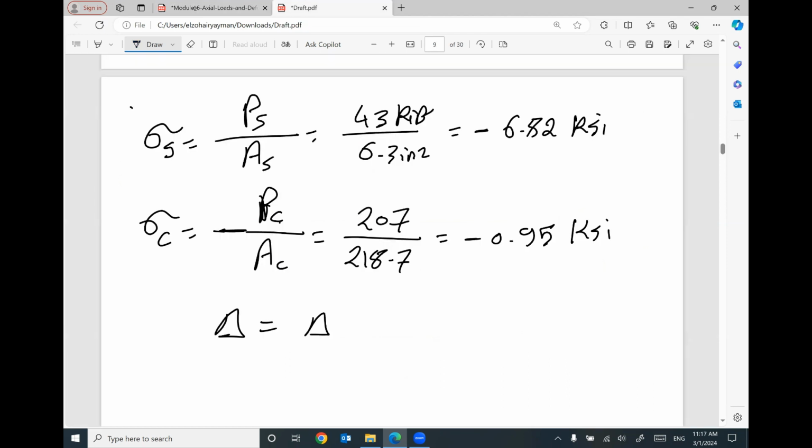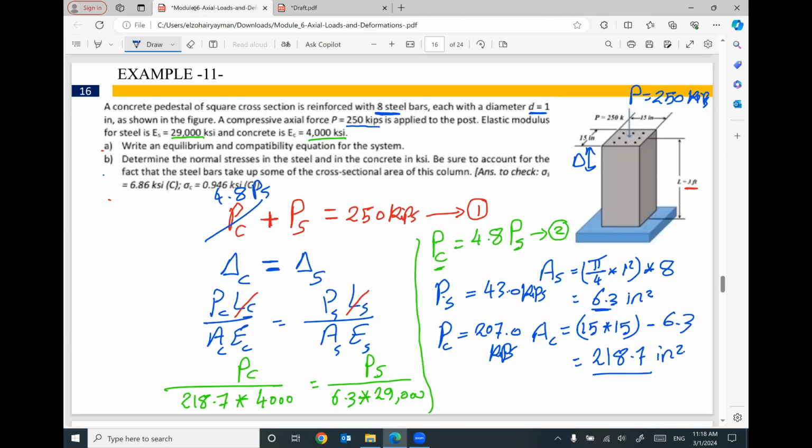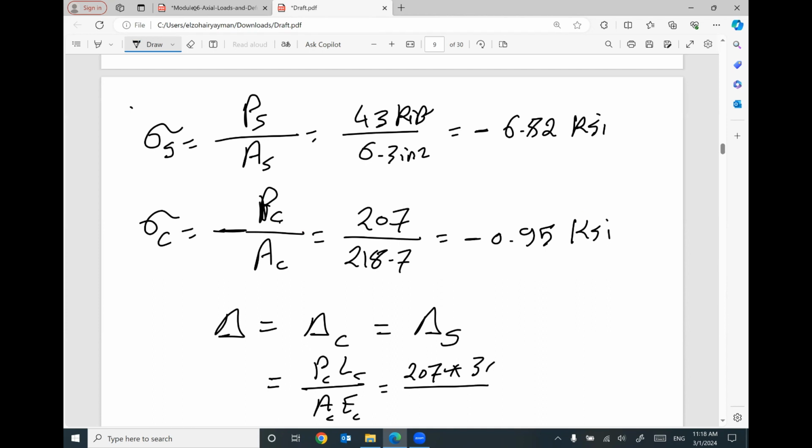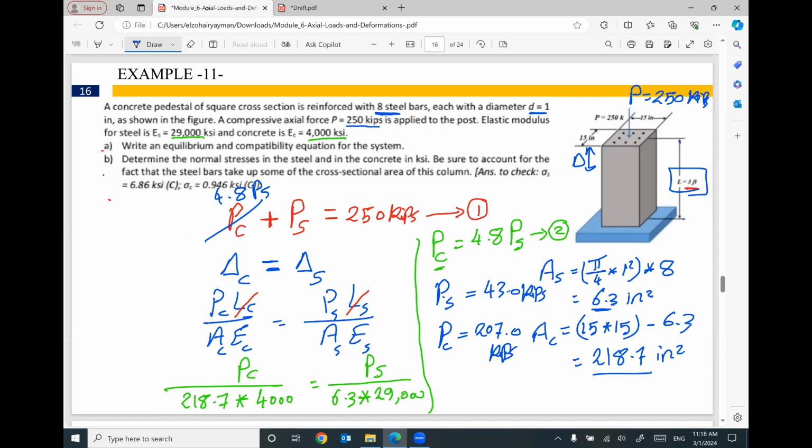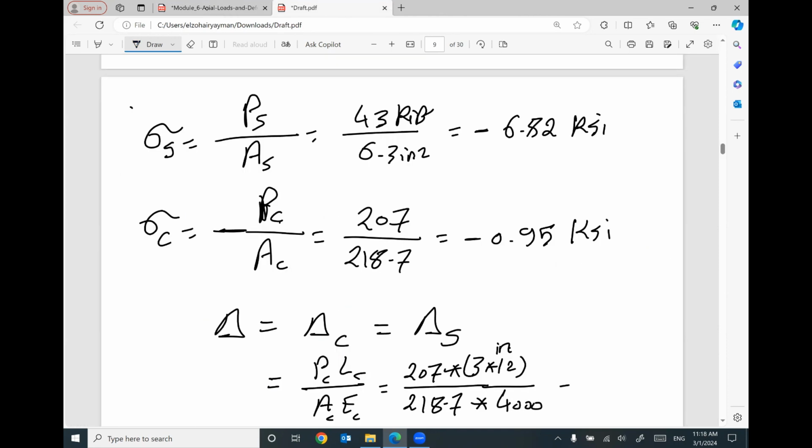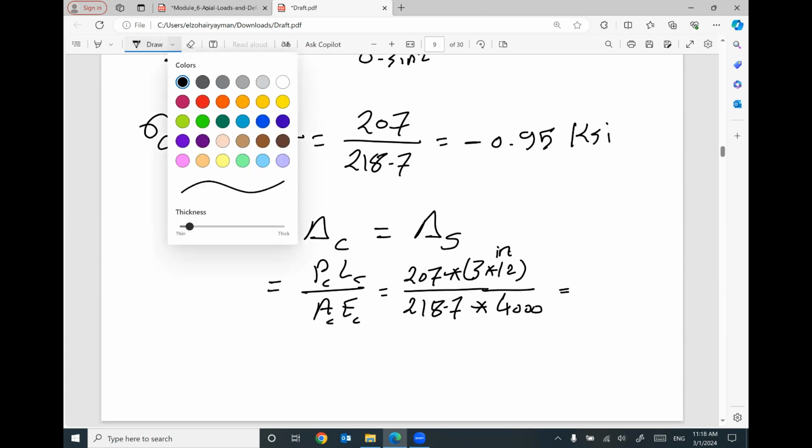The final contraction in the composite column will be one of them, the one that happened in concrete or the one that happened in steel. It's up to you. So let's do PL divided by AE for concrete. P concrete is 207 kip. The length of the concrete, which is the total height of the column, is 3 feet. I'm going to multiply it by 12 to convert it to inches. Area of concrete is 218.7. Young's modulus of concrete is given as 4,000 KSI. Before finding the final answer, please make sure the units are consistent.